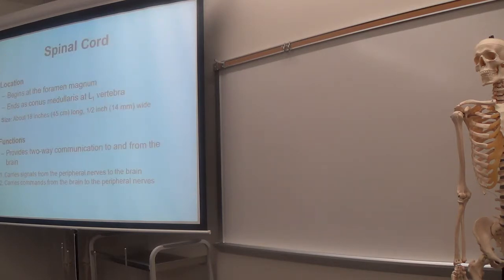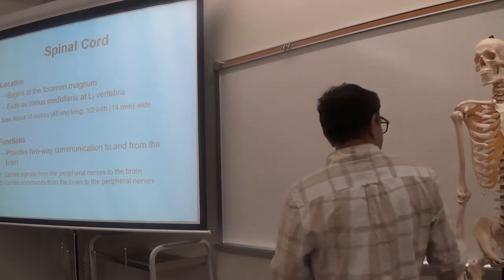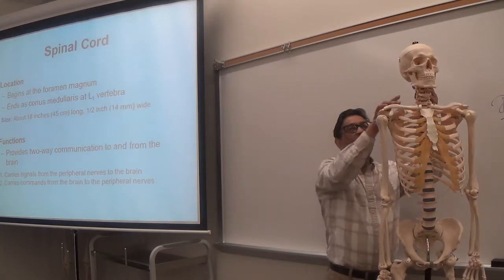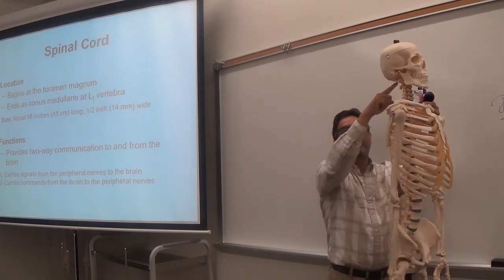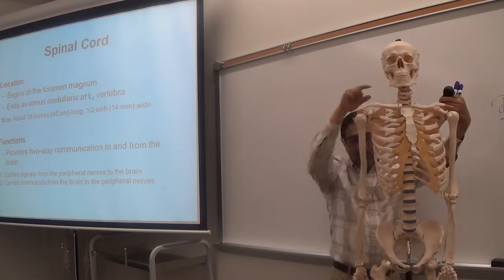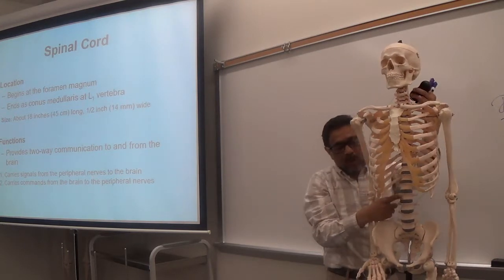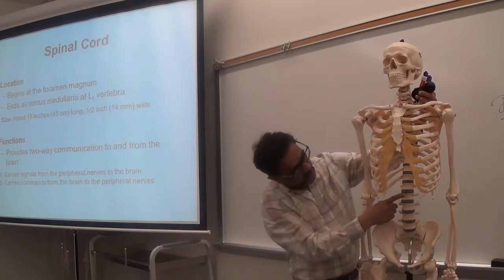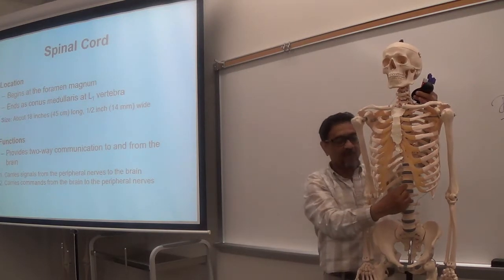First, the location. Spinal cord starts at the foramen magnum. You know that. This is foramen magnum. So it starts here, the upper end, and goes down all the way to lumbar 1. This is lumbar 5th, 4th, 3rd, 2nd, 1. So first lumbar, so ends here.